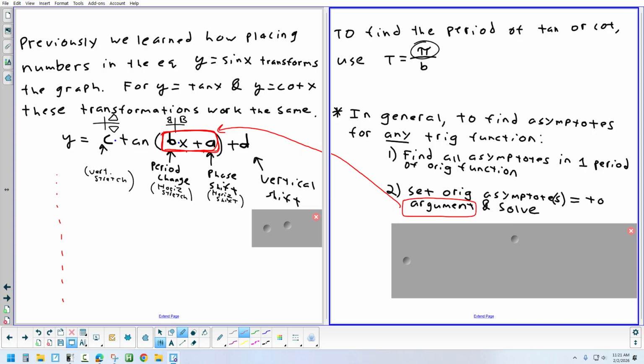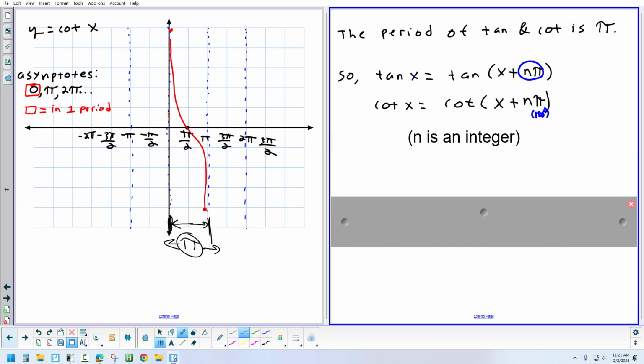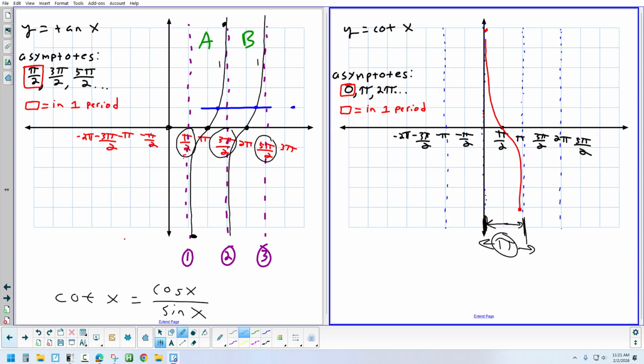We just have to write the answer. When we look at the graph of tangent or cotangent, how many vertical asymptotes are there in the graph? Yeah, infinite. So can you write every one of them?